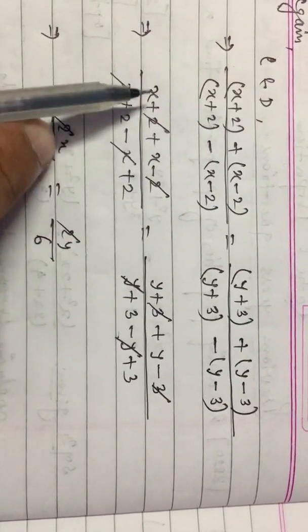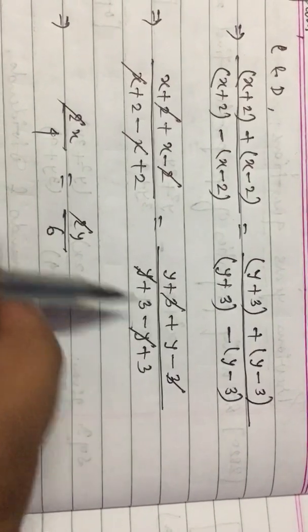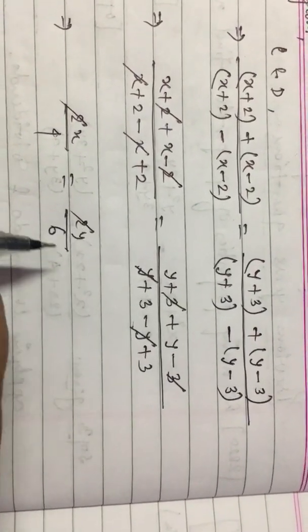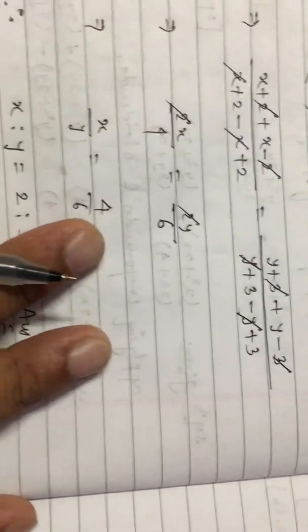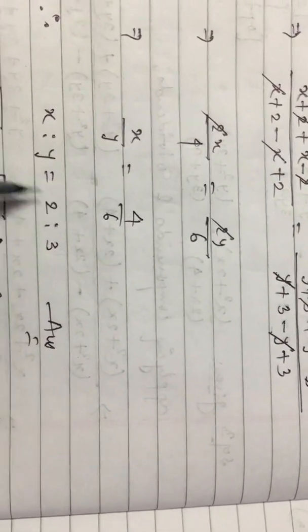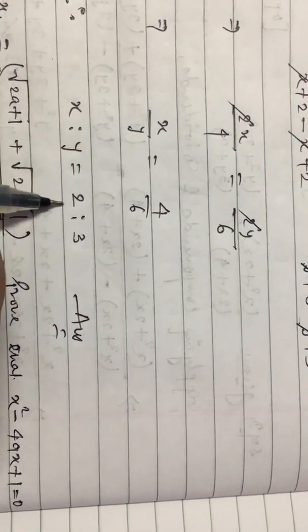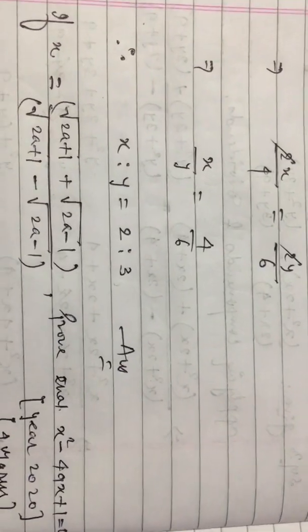These 2 cancel: x plus x is 2x, 2 plus 2 is 4, y plus y is 2y, 3 plus 3 is 6. This 2 will be cancelled, so x by y equals 4 by 6. X is to y: 2 2s are 4, 2 3s are 6. This will be the answer.